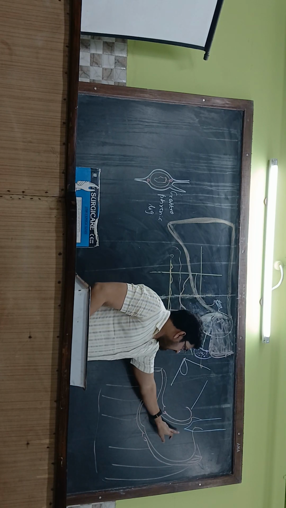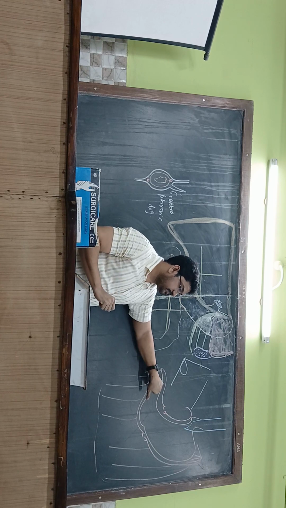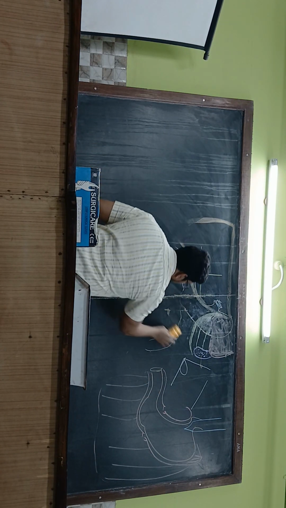So the gastric ulcers are common towards the lesser curvature of the stomach. Why? Less blood flow. Why is there less blood flow over here?